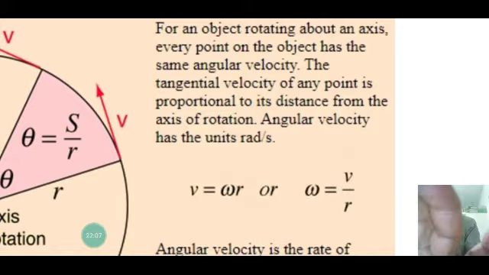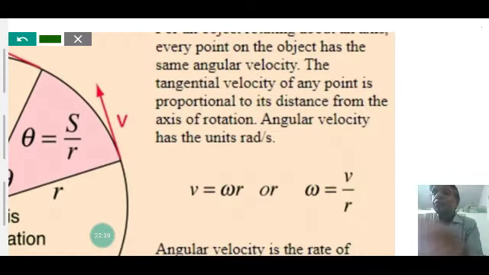When the object is rotated along a circular path, every point has the same angular velocity, but the rotational velocity is different. The tangential velocity of any point is proportional to the distance from the axis of rotation. Angular velocity has the unit radian per second.